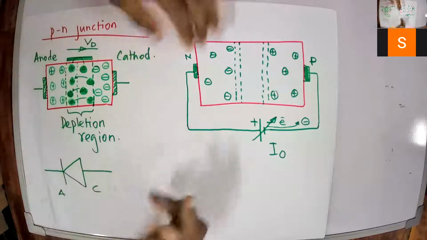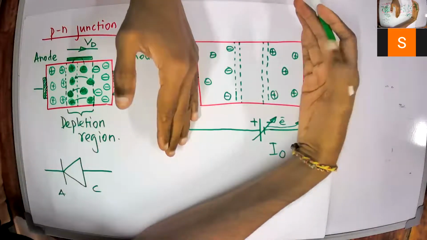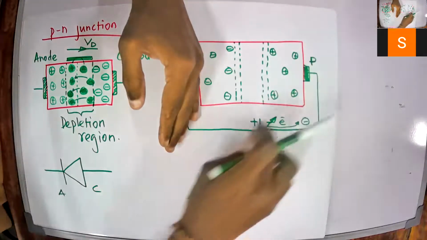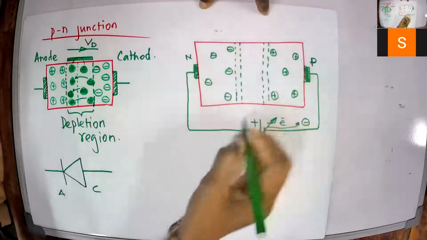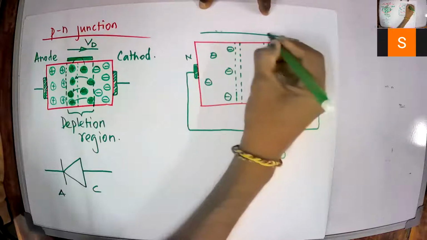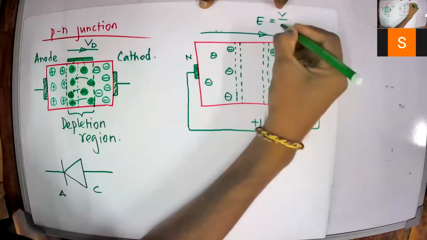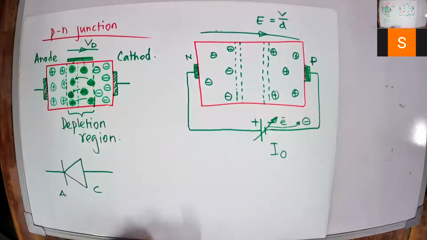Now, just imagine there are two parallel plates, and then you have atoms here and there. Now further you are increasing the voltage, which means you are applying an electric field, plus to minus, E equal to V by D. D is the thickness of the device, right?